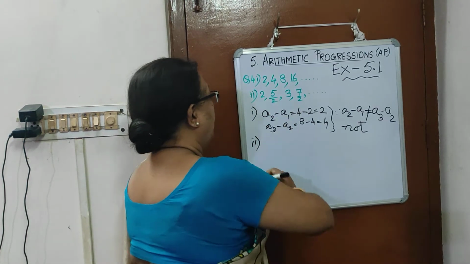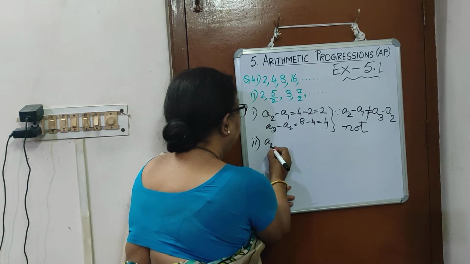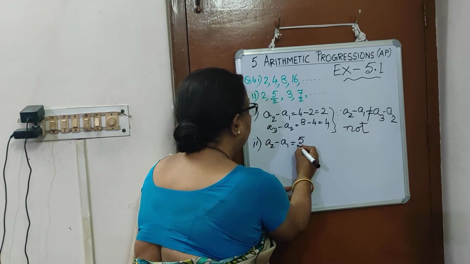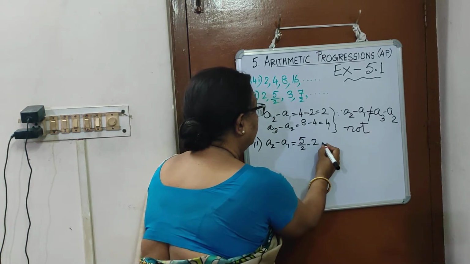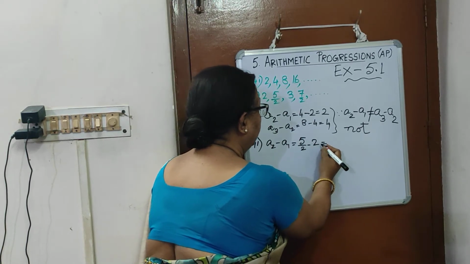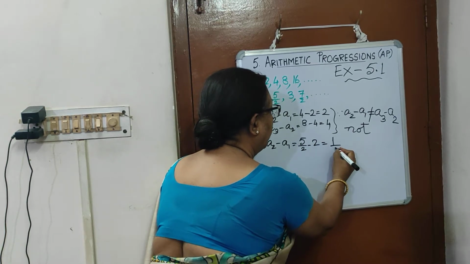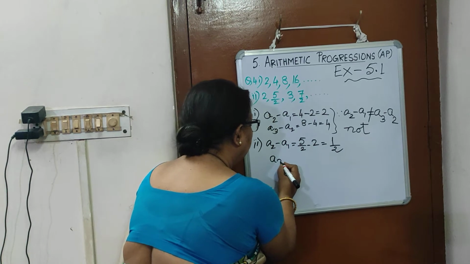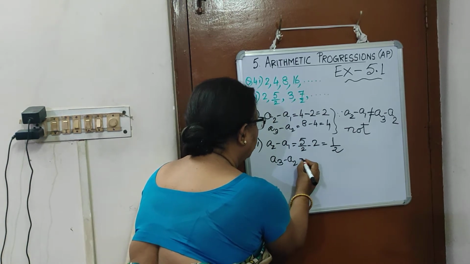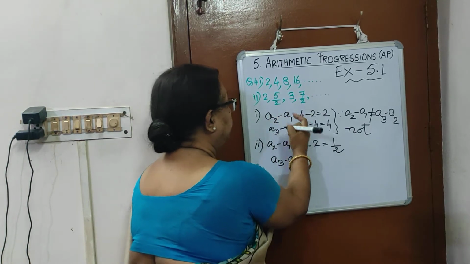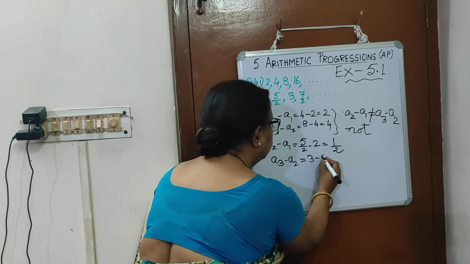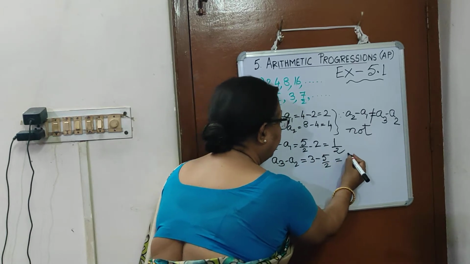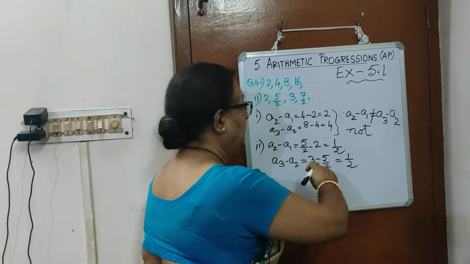Again we find the common difference. First, A2 minus A1, that is 5 by 2 minus 2, that is equal to 4, 5 minus 4, 1 by 2. Okay, so next we find A3 minus A2. What is A3? The third term, 3 minus 5 by 2, that is equal to 6 minus 5, 1 by 2.